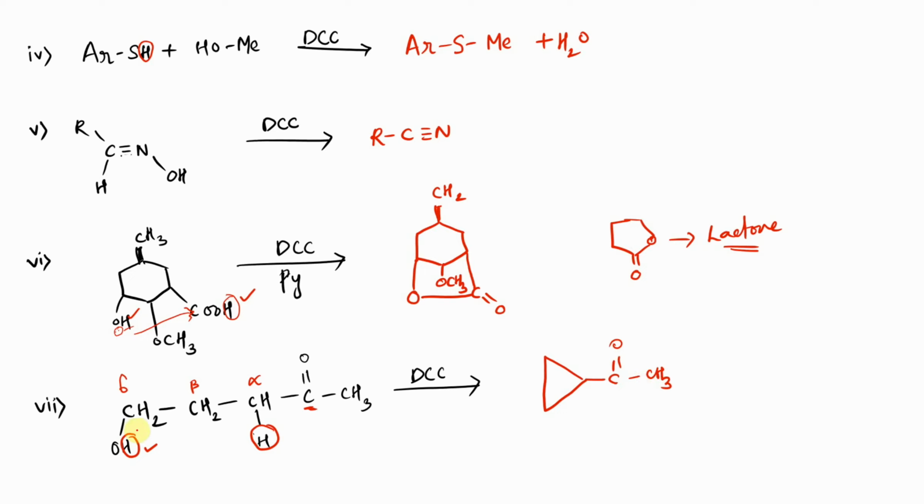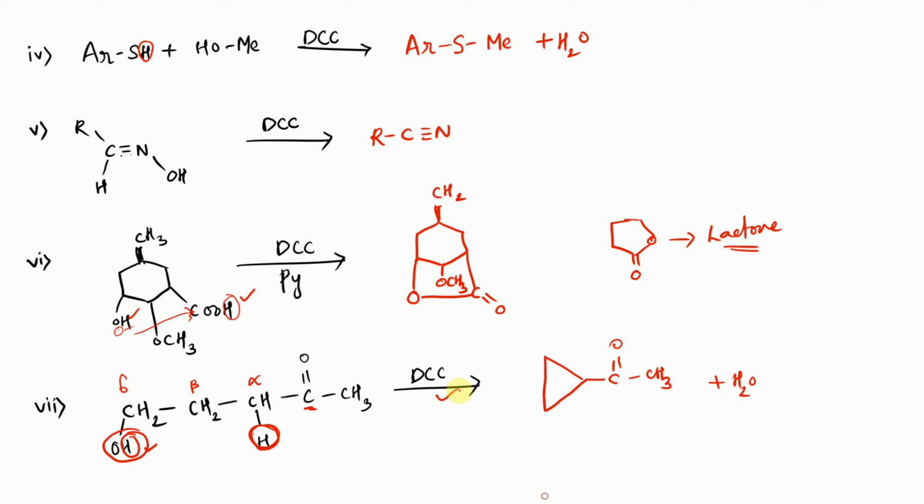The OH group present here will be removed along with the acidic proton. That is nothing but the DCC property, right? DCC removes hydrogen from the acidic site and OH from the basic site. So we'll observe the removal of a water molecule. Here we'll be losing a molecule of water.